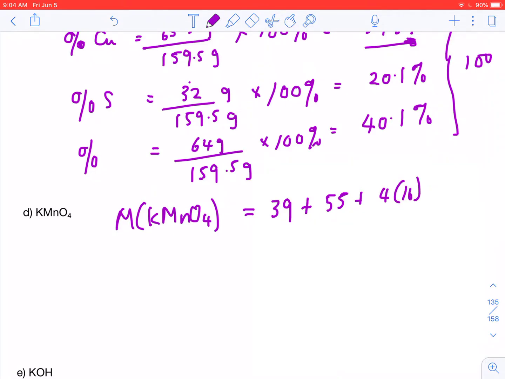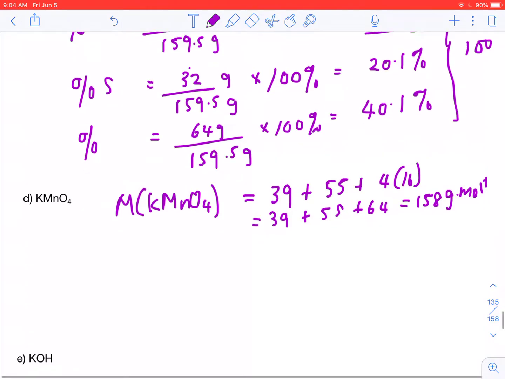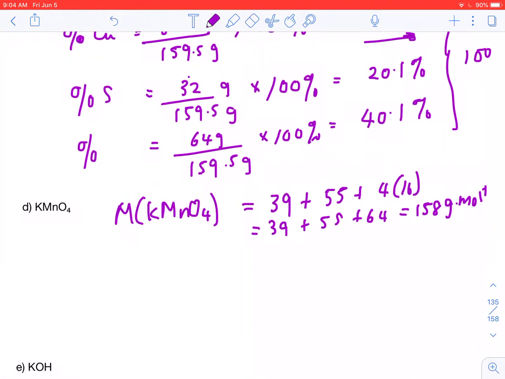That is 39 plus 55 plus 64, which gives us 158 grams per mole. But we want to know now the percentage of potassium.